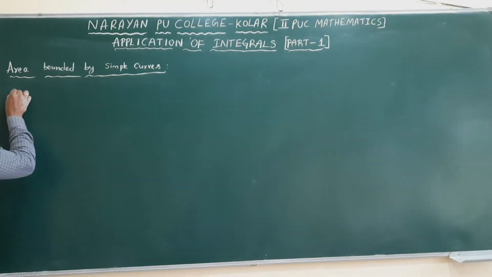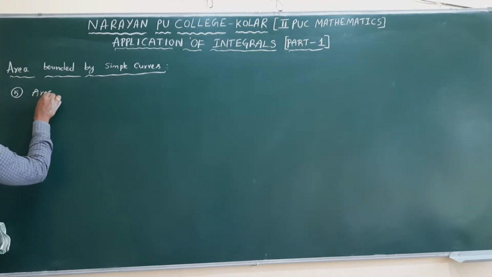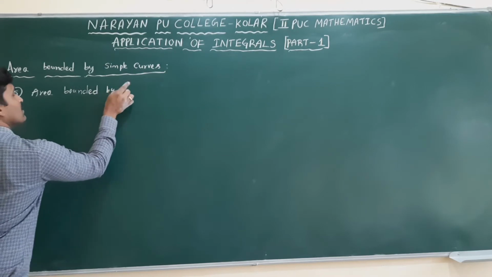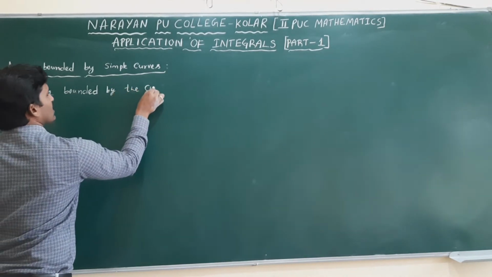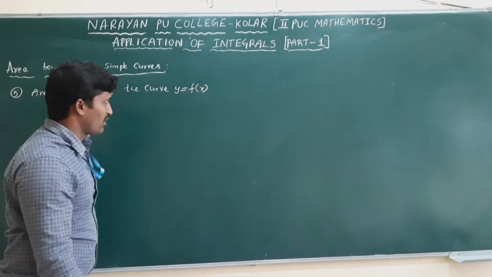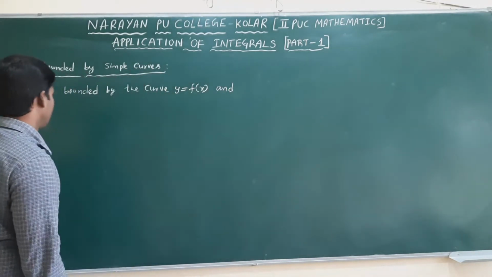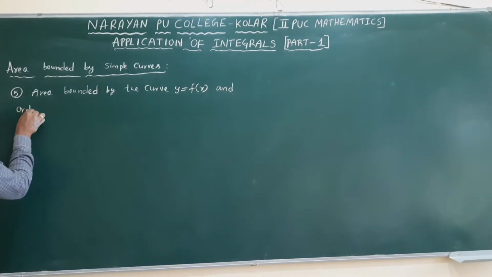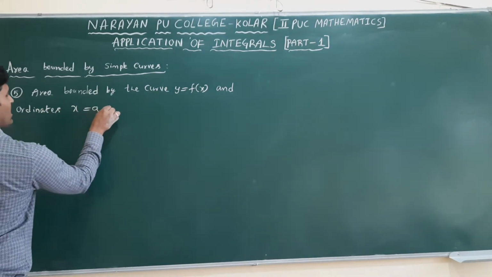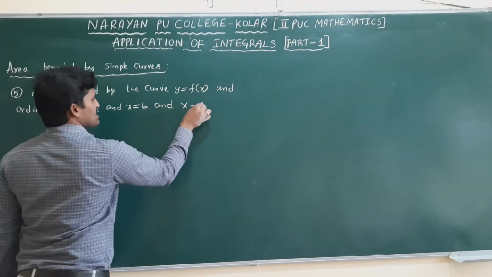Okay, one more. The same area bounded by the curve y equal to f of x, the ordinates x equal to a and x equal to b, and the x axis.